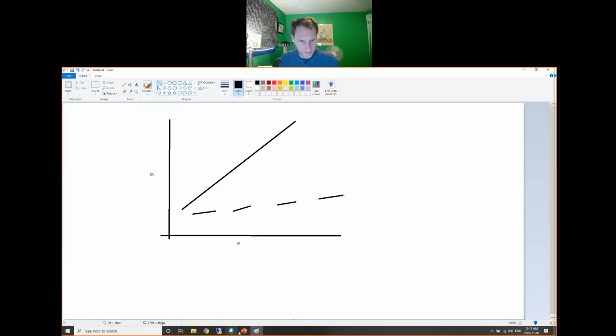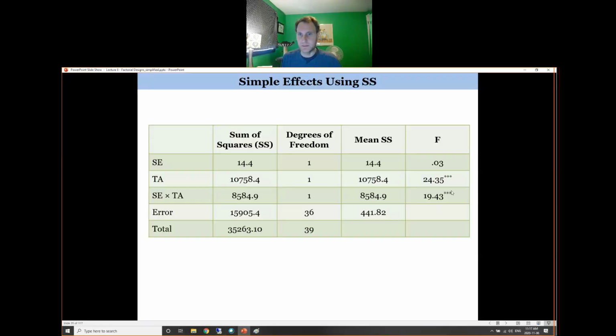So just finding in an omnibus table that we have an interaction doesn't tell us anything. Well, it tells us something. It tells us that the effect of one independent variable depends on the level of the other independent variable. But it really doesn't tell us anything more than that. Instead, we need to go forward and probe.